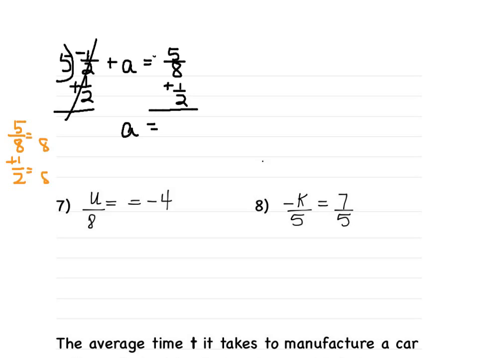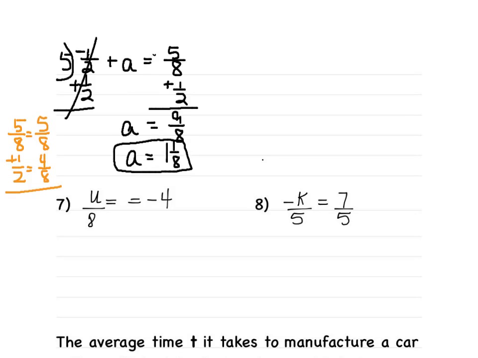It's going to be 8. And so if you look, 5/8 plus 1/2 is 5/8 plus 4/8, which is actually 9/8. 9/8 can be rewritten as 1 and 1/8.